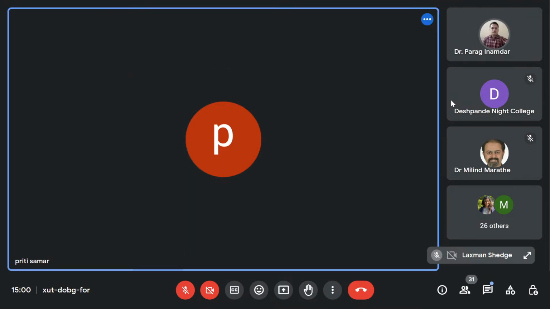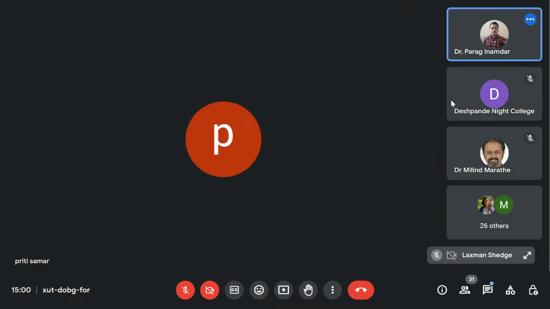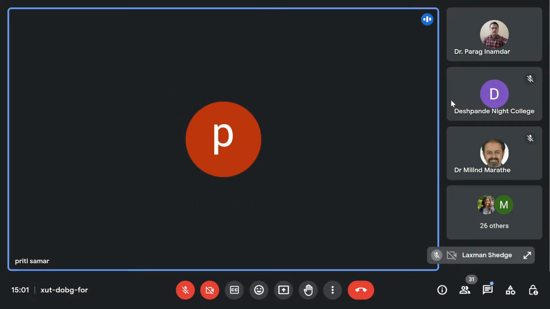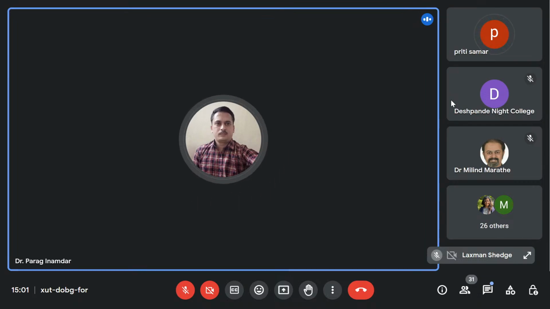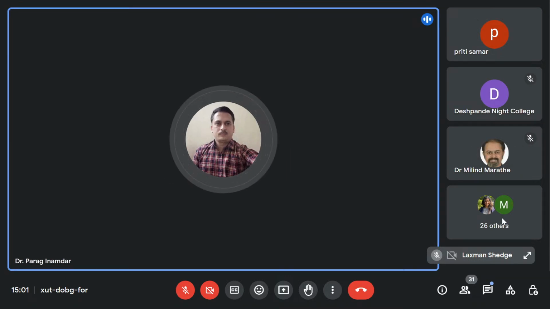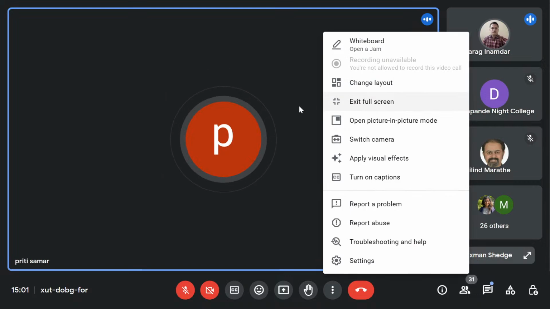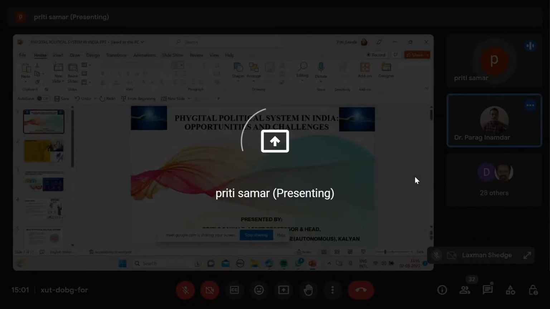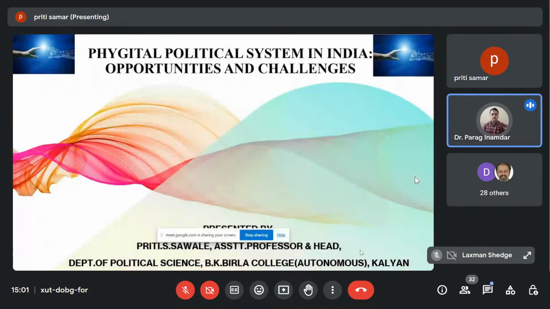Just let me try for a bit. Sorry, sir, I'm not able to share my screen. There is a rectangle with an up arrow on it. You can click on that and then go for the entire screen option. It is showing your entire screen, a window, a tab. So I'm selecting your entire screen, but the share button is not working. You need to click on that window first, ma'am. Yes, then it will be selected. Is the screen visible now? Yes, ma'am. Your screen is visible now. You're audible and your screen is also visible. You can start. Thank you so much, sir.